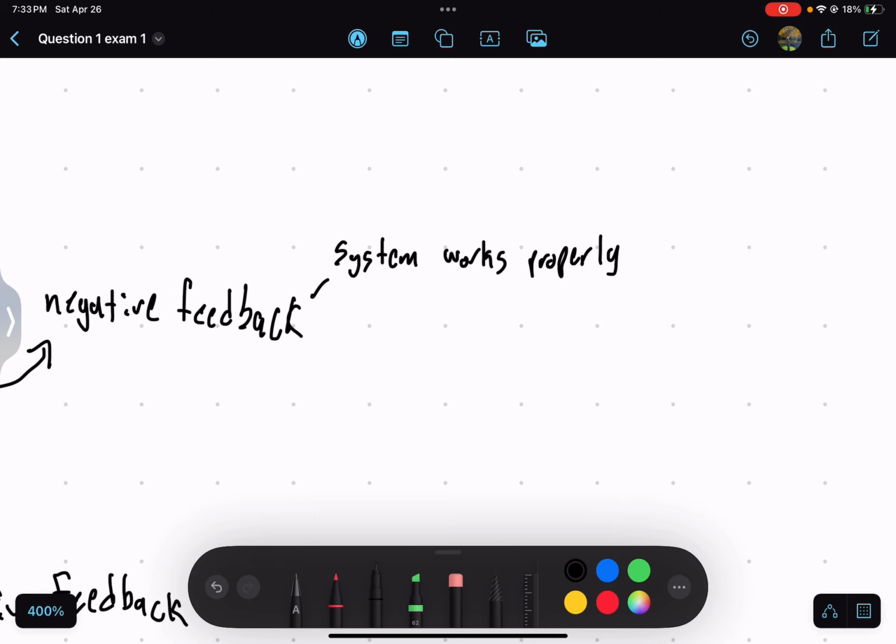And to give an example, let's say blood volume decreases. When our blood volume decreases, that's going to cause a decrease in blood pressure. Our body is going to want to respond. So it's going to increase heart rate, and it's going to increase peripheral resistance in order to get our blood pressure back up to a stable state.